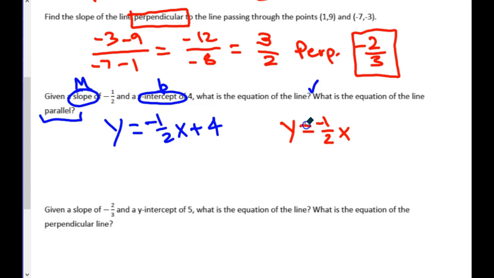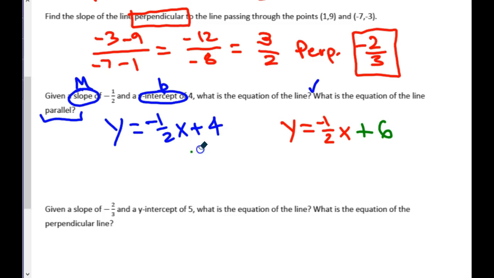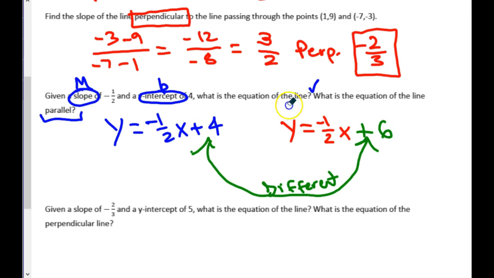And then plus 4 needs to change to something else. Plus 5. Plus 6. How dare you? So do you see how this and this are different? That's how I know that they are parallel. Same slope, different y-intercept. Okay?